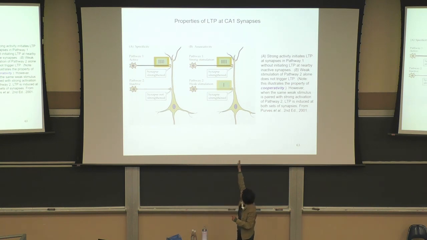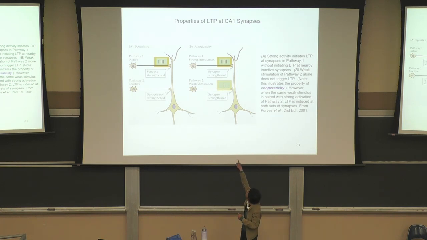And now here is an additional little twist, which is if you strongly activate pathway 1 but weakly activate pathway 2, then from the point of view of the cell, both pathway 1 and pathway 2 are now correlated with my own activation. So it strengthens both pathway 1 and pathway 2.